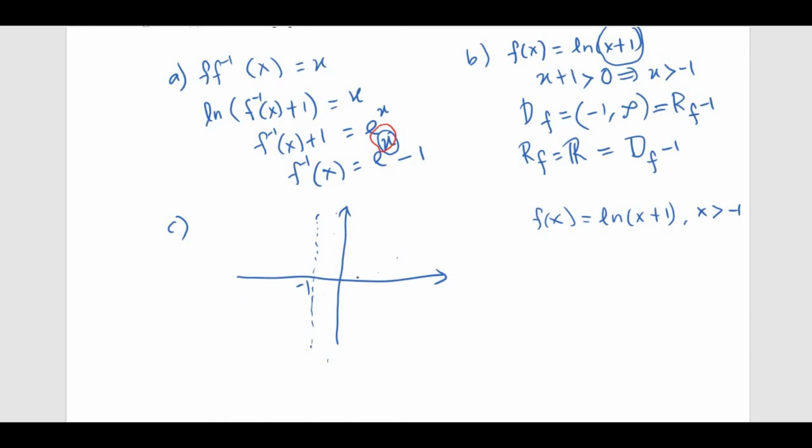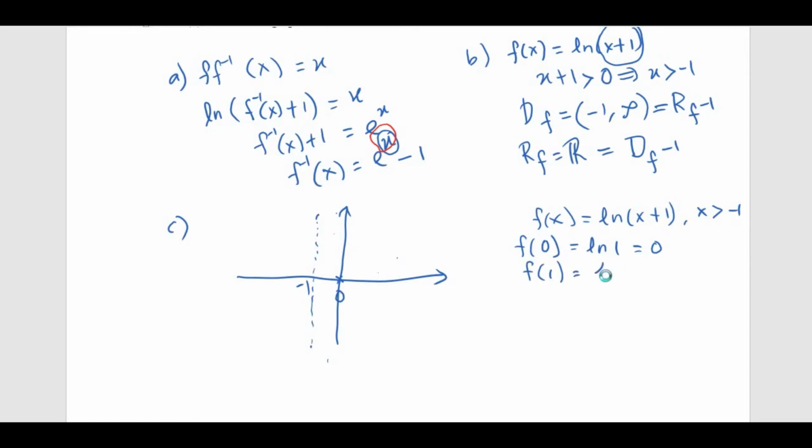So to sketch this, you can substitute a few values. Let's say you take x equal to 0. So you have ln 1, which is equal to 0. So you have this point here. And then you can substitute x by 1.